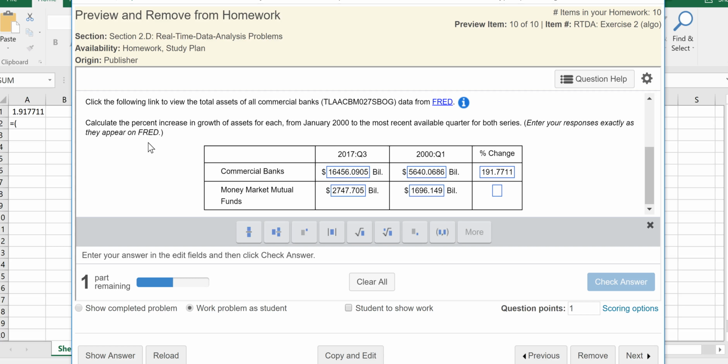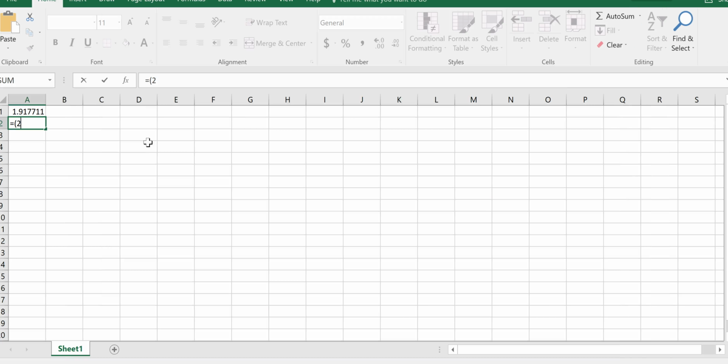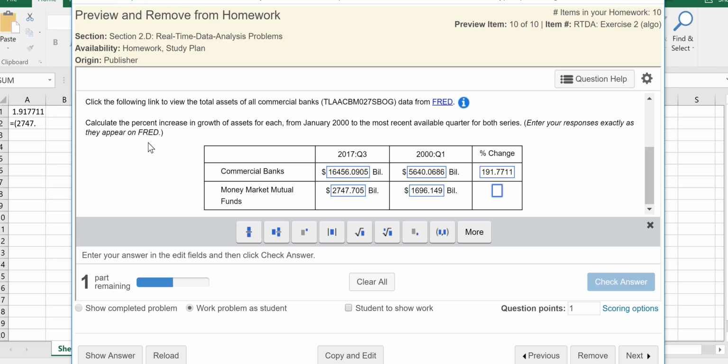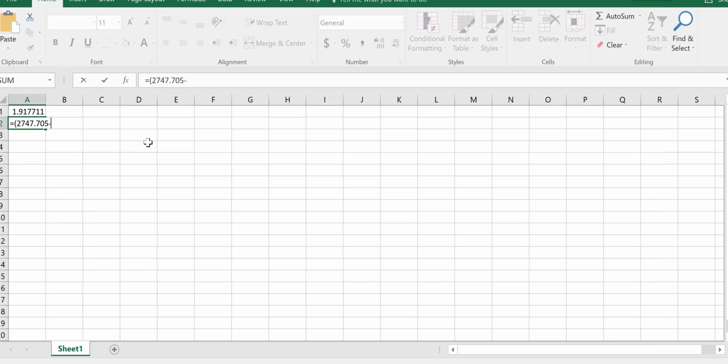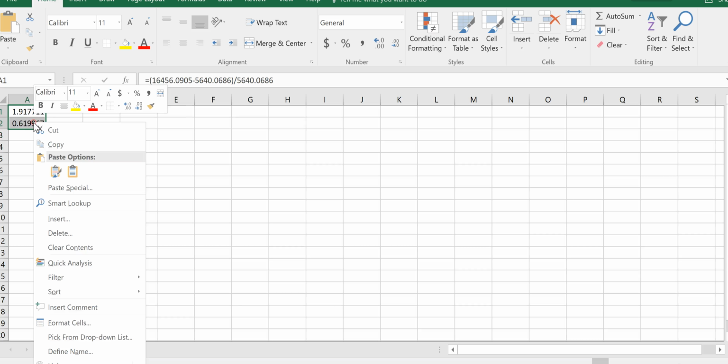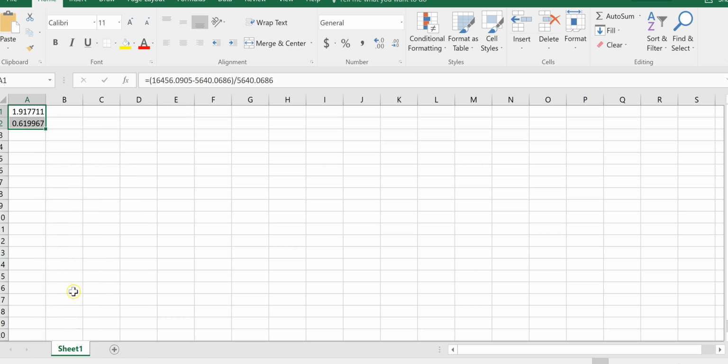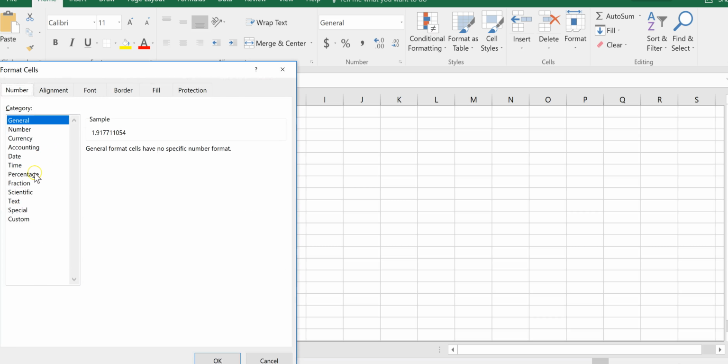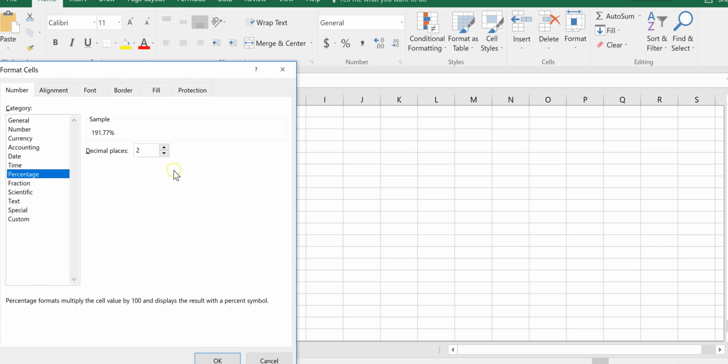So that gives me 2747.705 minus 1696.149 over 1696.149. You can change both to be in percentage terms by right-clicking the mouse and choosing format cells, then clicking on percentage.